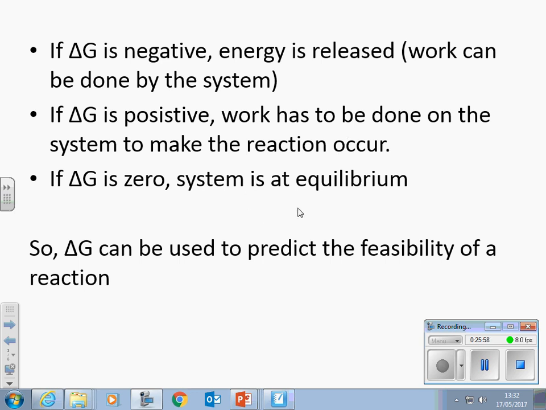If delta G is 0, the system's at equilibrium. Oh, we've done plenty of those equilibria things in the last learning outcomes. It just sits there. It's going equally both ways. Probably the energy released from the system is enough to go back in and keep it working.